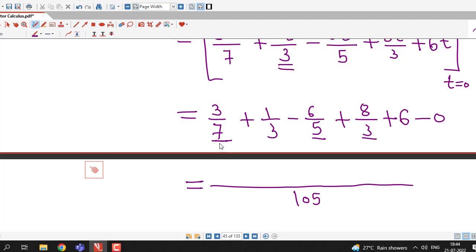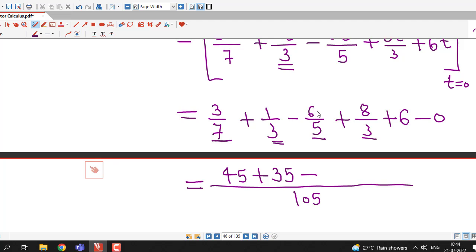To obtain 105, we have to multiply this 3 by 15, because 15 into 7 is 105. So if we multiply by 15, we have 45. Similarly here I have to multiply by 35, so that I obtain 35 by 105 equal to 1 by 3.